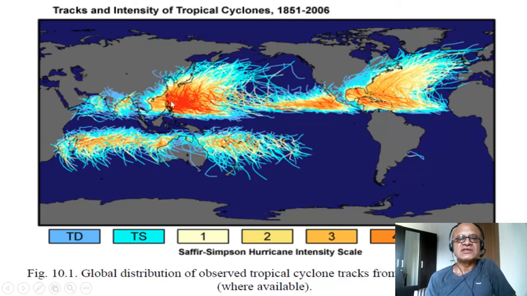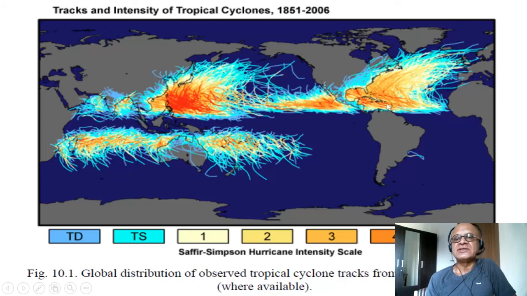This region obviously is intense, with high categories in larger numbers compared to here, and the total numbers are larger as well. The other thing you notice is that here in the northeastern Pacific, the cyclones go off into the open ocean and hardly ever go back and hit land.